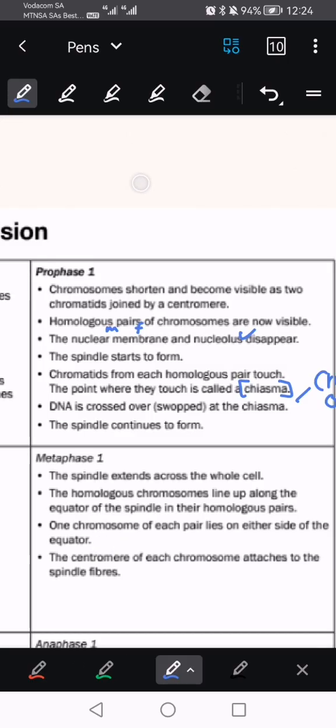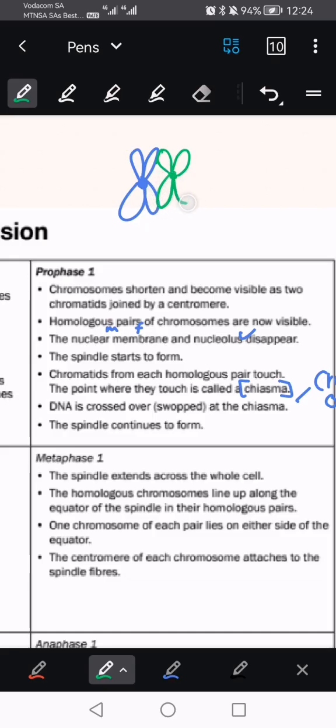But basically what is happening is, if you have your maternal chromosome here, and you have your paternal chromosome over here, remember they are going to touch. At this point where they are touching, the point of contact, that is known as the diastema.